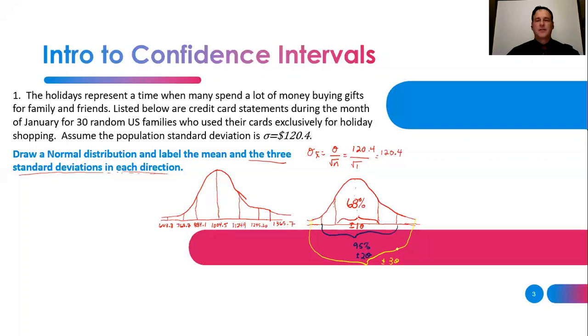Plus or minus 3 standard deviations represents 99.7%, and sometimes we just call it 99%, just to make things a little bit easier for us right now. Again, plus or minus 3 represents about 99.7% of the data, but for now, we're just going to call that 99.